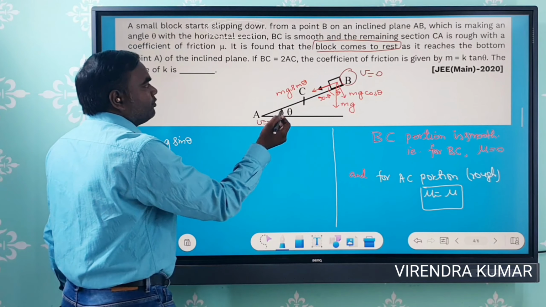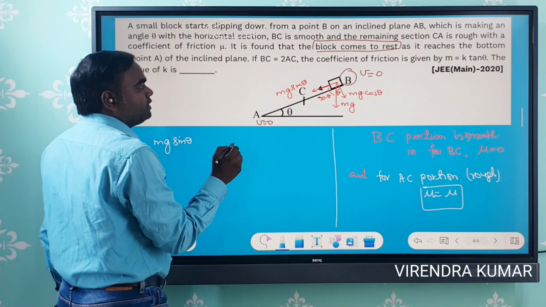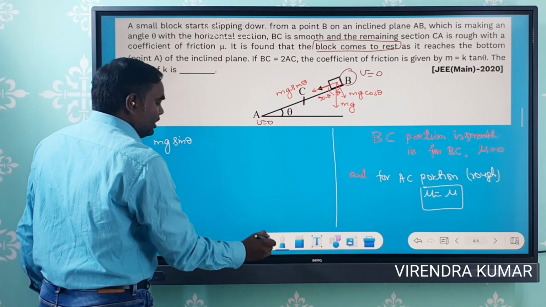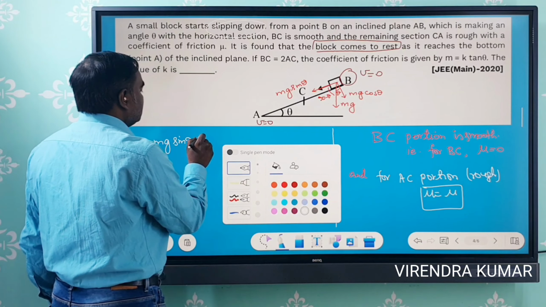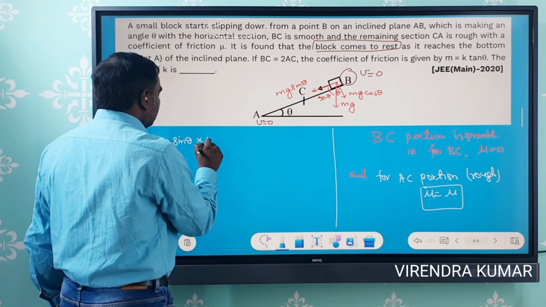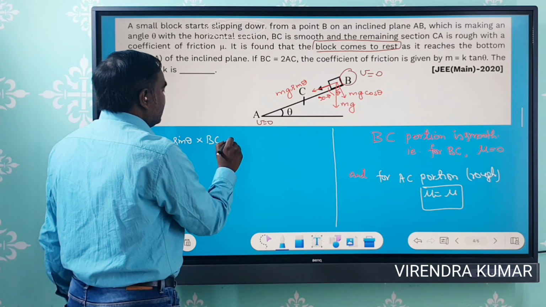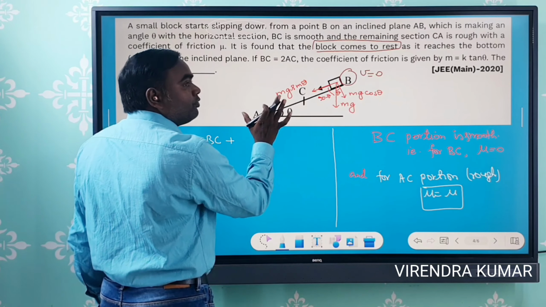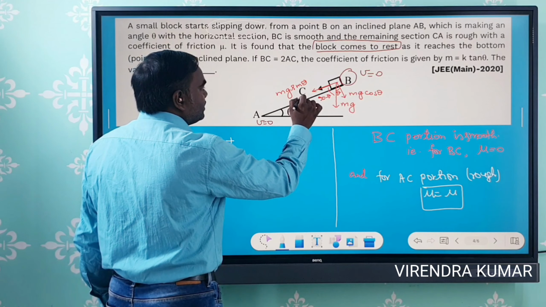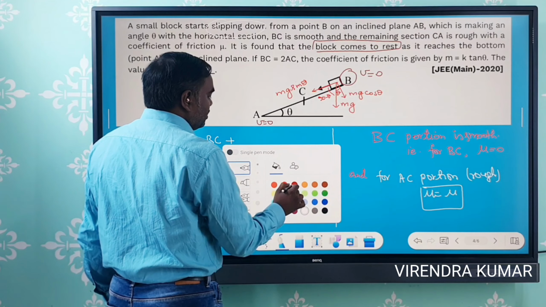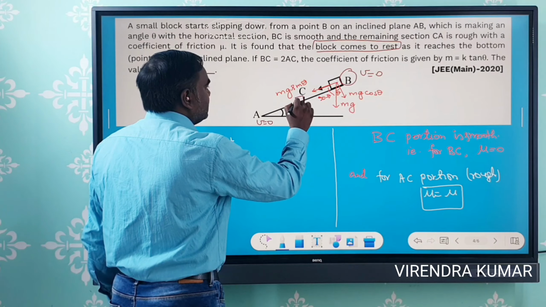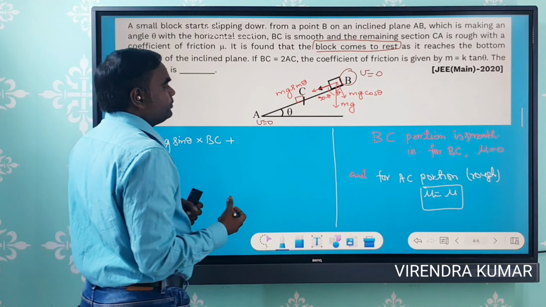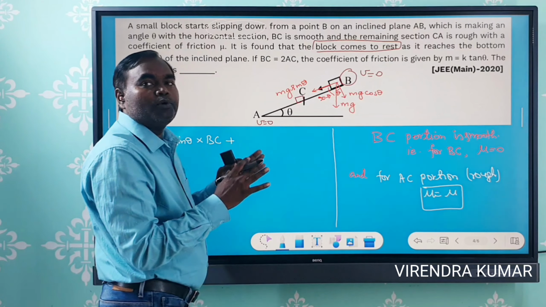So total work done we will calculate from B to C. The force acting is mg sin theta and the displacement is BC, right? And again from C to A, suppose the block comes here. As the block comes to point C, the frictional force comes into the picture and it will oppose the motion.